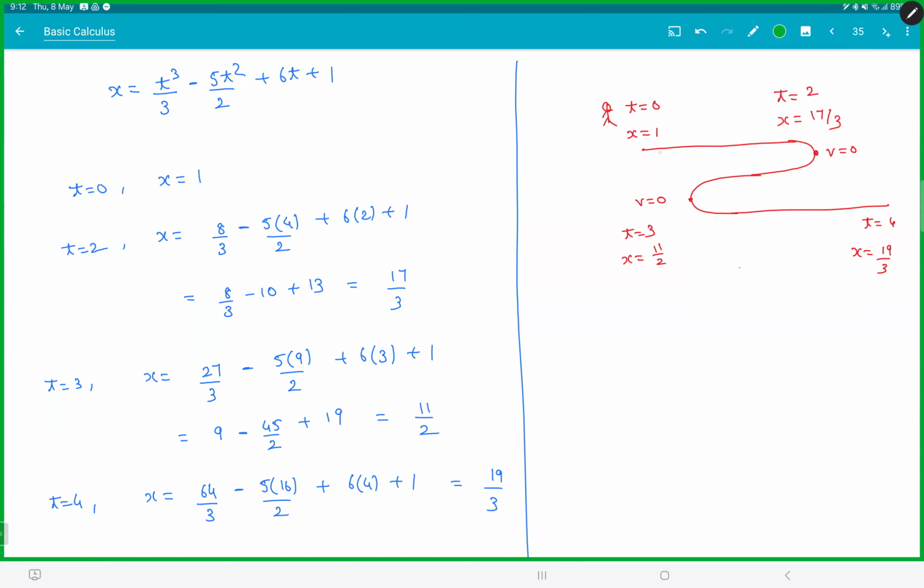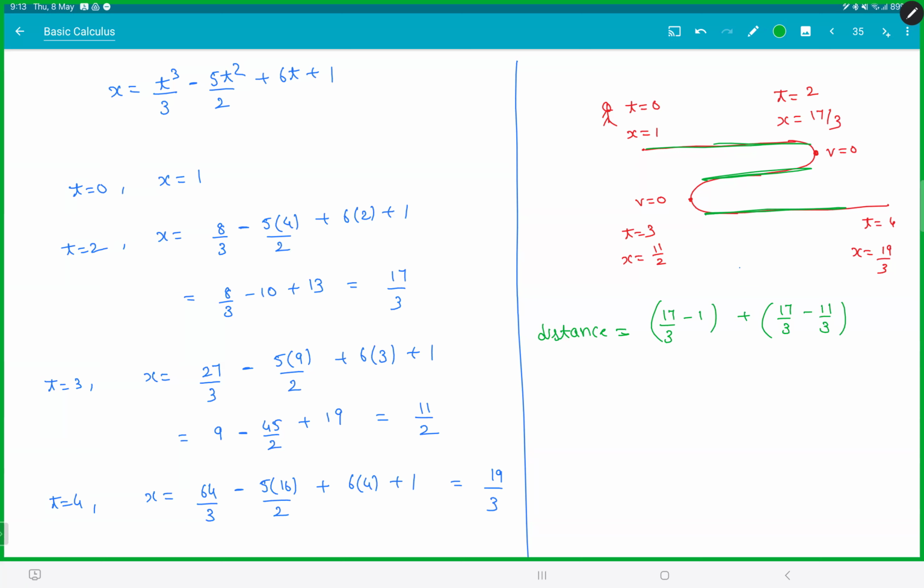So you need to find this distance, and this distance. That curve thing is not there, I'm just drawing it for you to understand. Initially you walked from where to where? You went from 1 to 17/3. So distance is 17/3 minus 1. Then you went from 17/3 to 11/2. Then your distance is 17/3 minus 11/2.